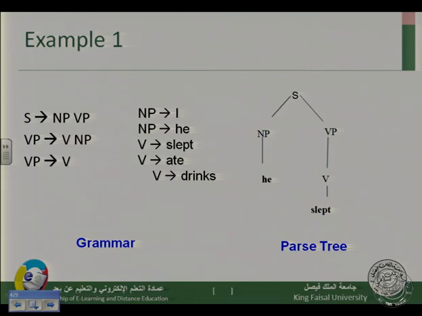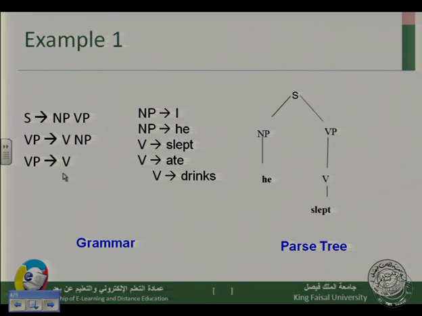You give the computer this code. You tell the computer that a sentence consists of a noun phrase and a verb phrase, and then you define the verb phrase for the computer. A verb phrase is a verb and a noun phrase, or it can be only a verb.